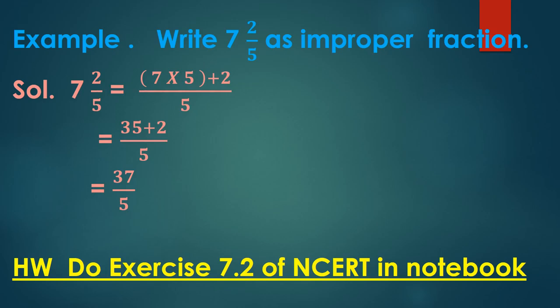We have learned that we will multiply the natural number part by the denominator, that is 7 multiplied by 5, and to that product we will add the numerator, that is plus 2. So 7 5s are 35 plus 2. 35 plus 2 is 37 and divide it by 5. So your improper fraction is 37/5.